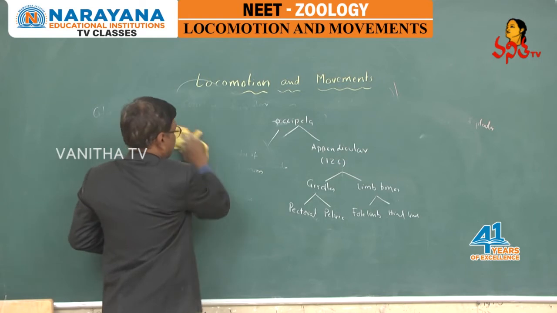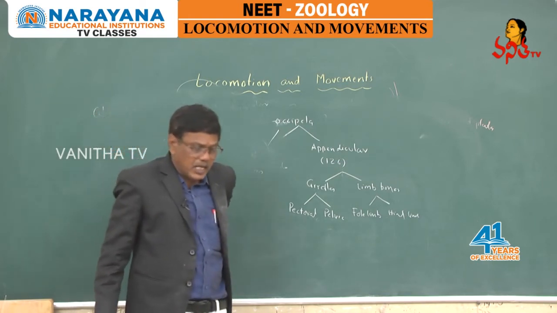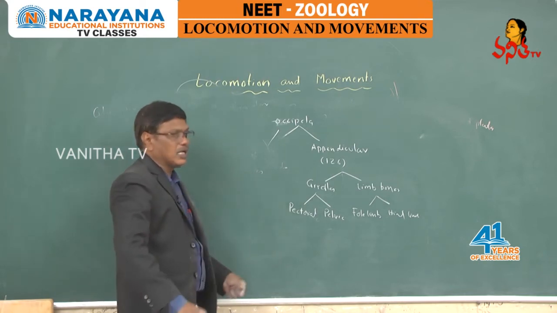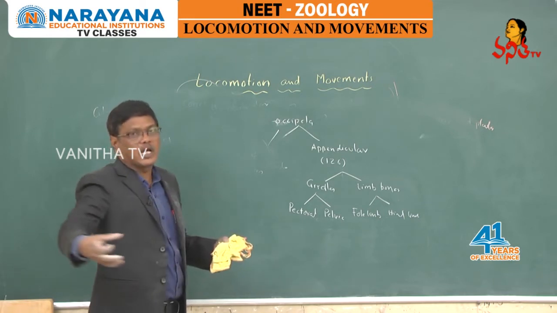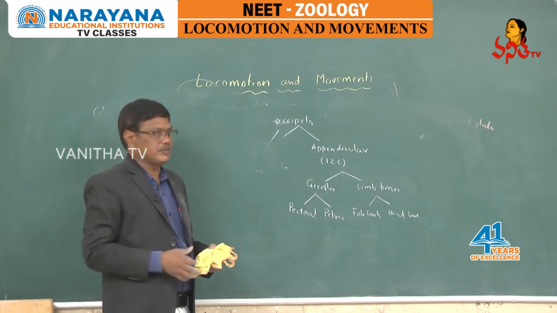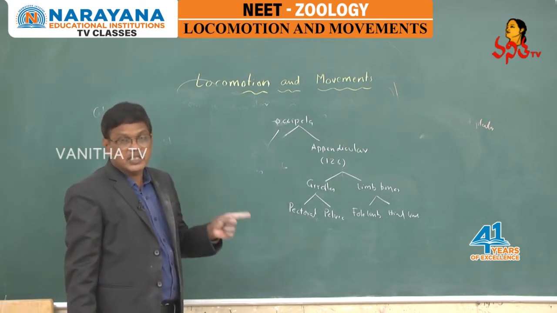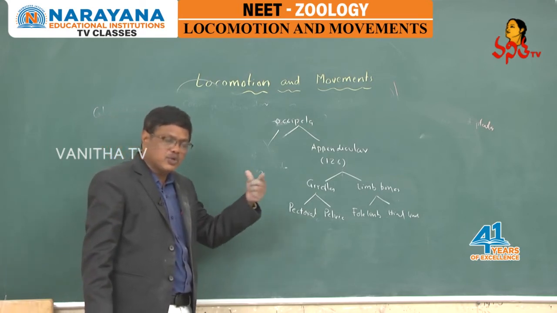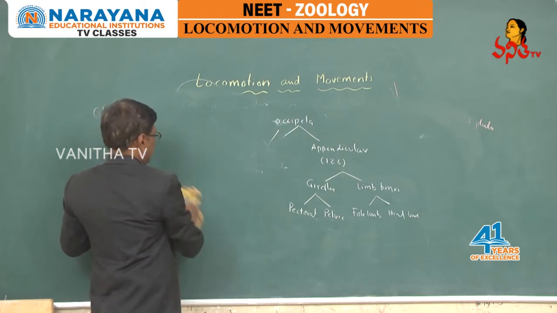Then coming to the next part, the vertebral column. It lies mid-dorsally, and through the neural canal of the vertebral column only the spinal cord passes. As the cranium is to the brain, the vertebral column is to the spinal cord.